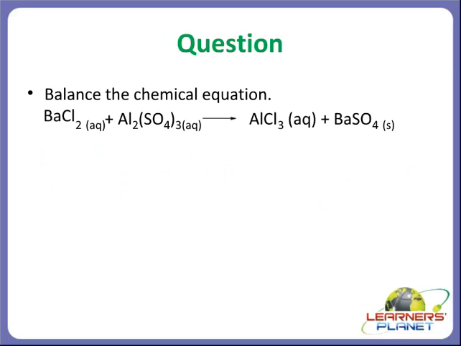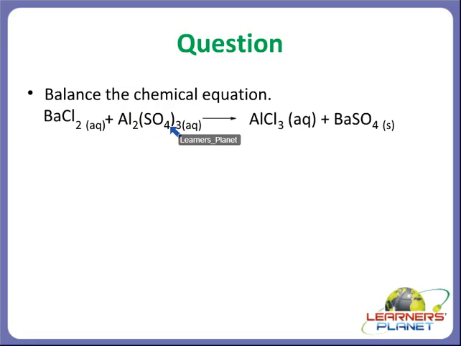Now let's take up our next question. Yeah, this is again a balancing question. Balance the chemical equation. BaCl2. What is BaCl2, students? Ba stands for barium, Cl2 stands for chloride. So it is what? Barium chloride.